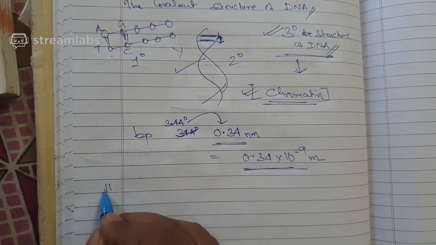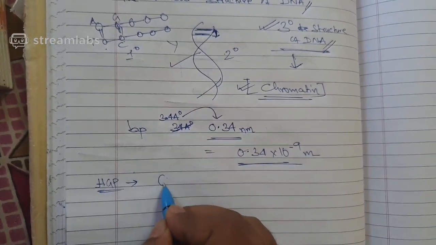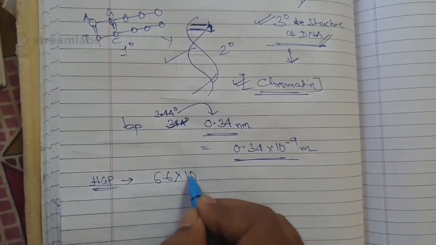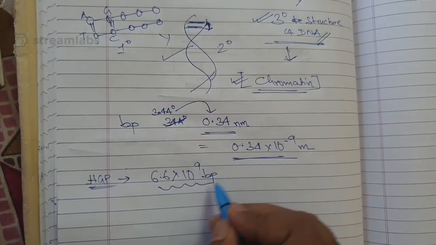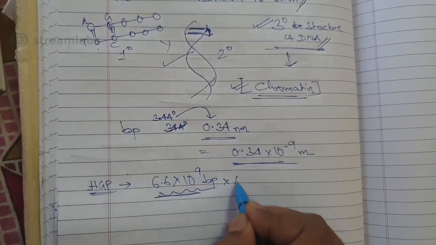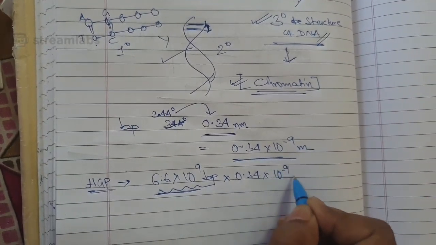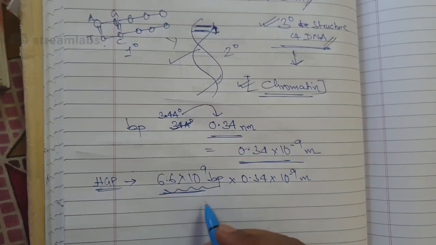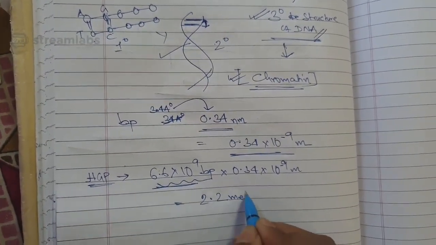Now, the Human Genome Project (HGP) revealed that there are almost 6.6 into 10 to the power 9 base pairs in a human DNA. If you multiply this number with this distance, you get the entire length of the DNA, almost 2.2 meters.